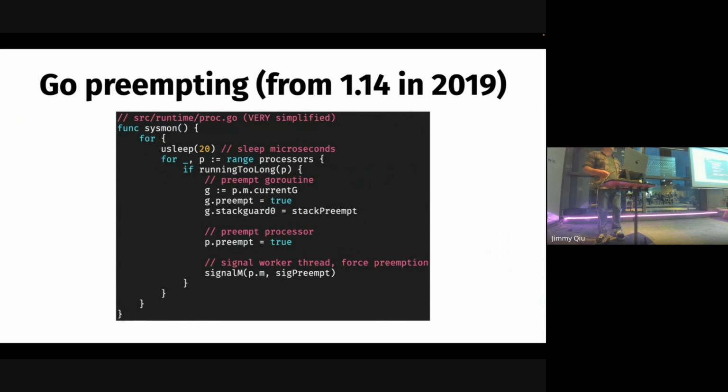And then it registers a callback to say, okay, when we receive the signal, go and do some special work. And that special work is to say, okay, pause this processor, even if it's in the middle of one of those busy for loops, and preempt it anyway. So it's good. It actually gives you proper preemptive multitasking in Go now.